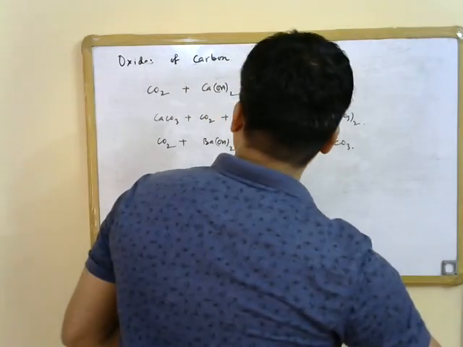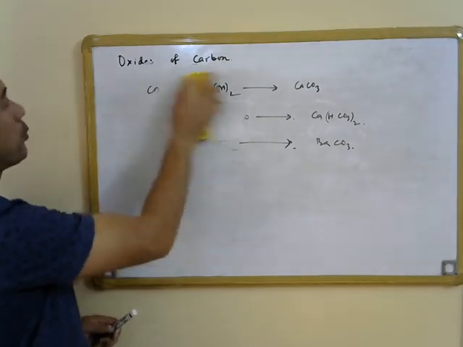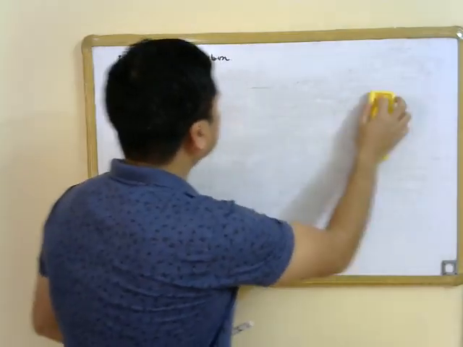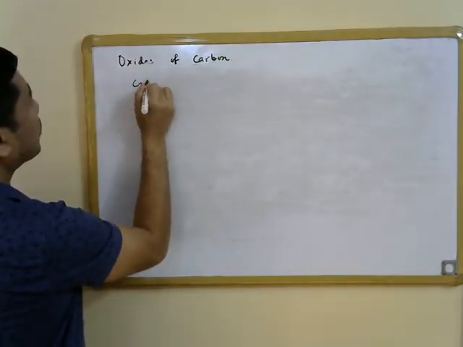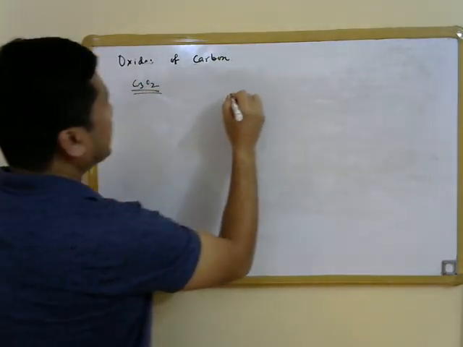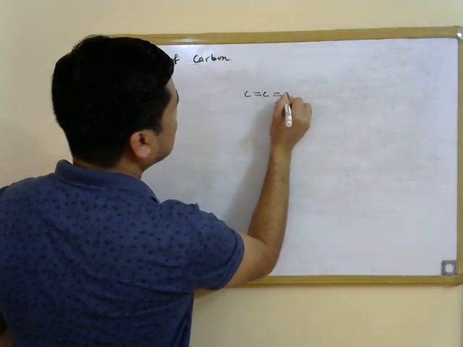So let us now also look at the method for preparation of carbon suboxide, that is C3O2. So the structure of C3O2 is this.